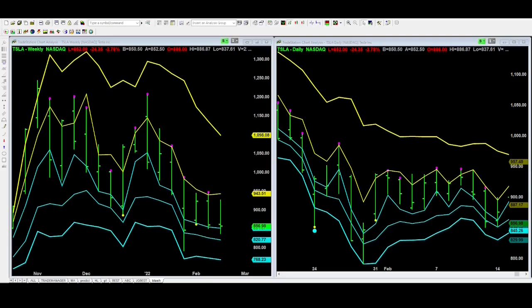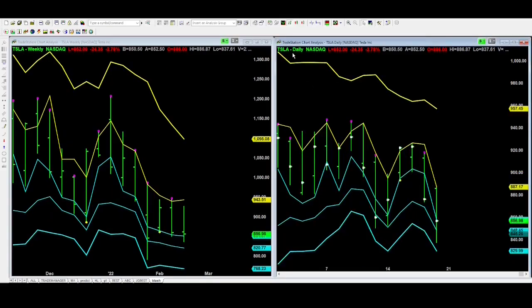This is the Blash model. This is a Tesla daily chart. This is a Tesla weekly chart. And you see for this Blash model, these trend lines also have the prediction function.